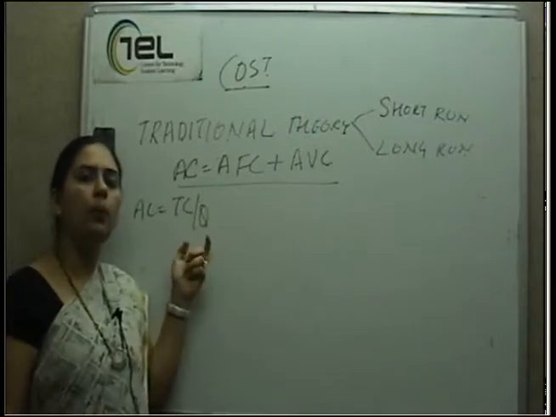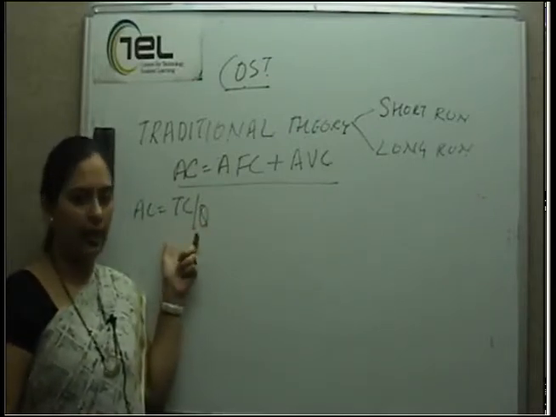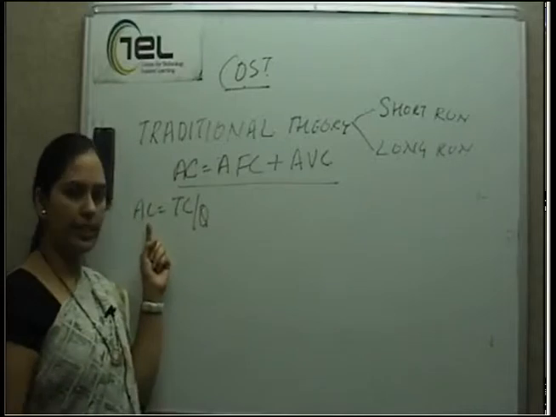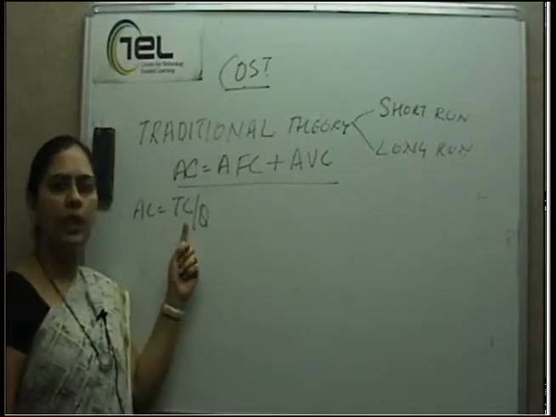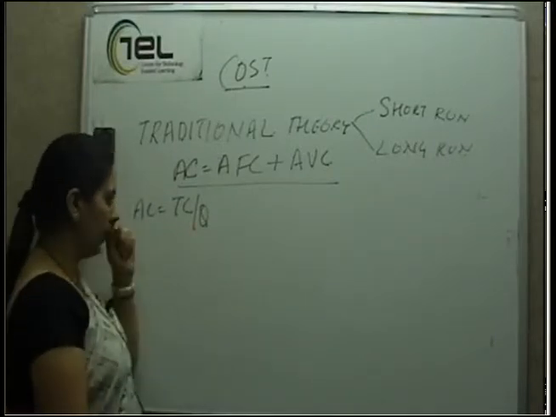Now how do we plot this AC in terms of a diagram? Derivation of AC is done with the help of TC. So I will be drawing 2 graphs, one below the other.